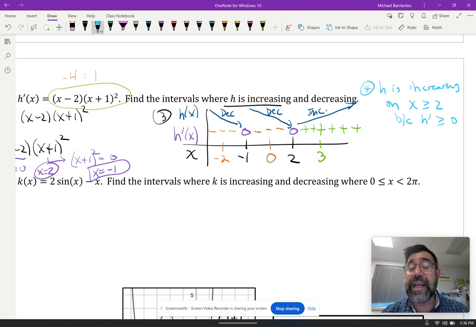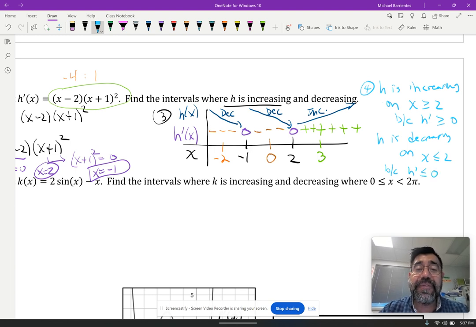I know that that's true because my derivative is always positive or equal to 0. And then I can say h is decreasing on, well, really, it's decreasing here and here. Why don't I just say anything that's to the left of 2, on x's that are less than or equal to 2, because the derivative is less than or equal to 0.